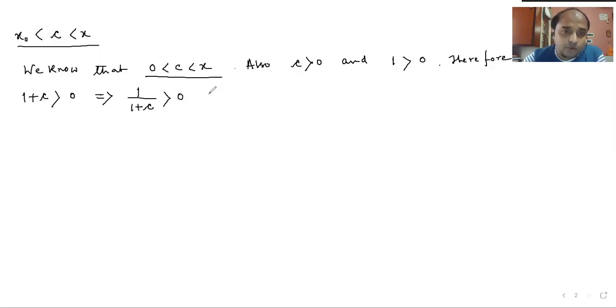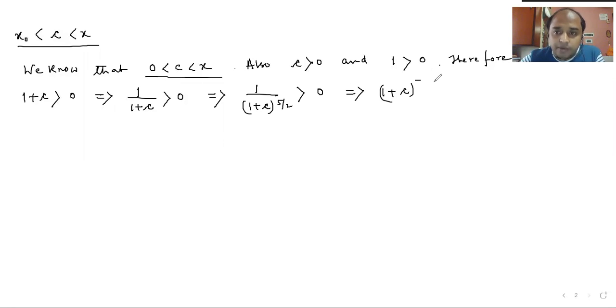And if it is so, this implies 1 by 1 plus C to the power 5 by 2 is also positive. And this implies 1 plus C to the power minus 5 by 2 is also positive. And this implies 3 by 8, 1 plus C to the power minus 5 by 2 is also positive.